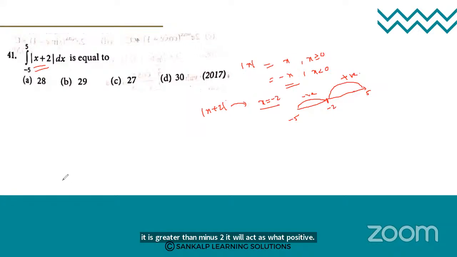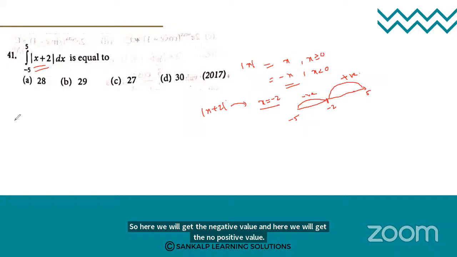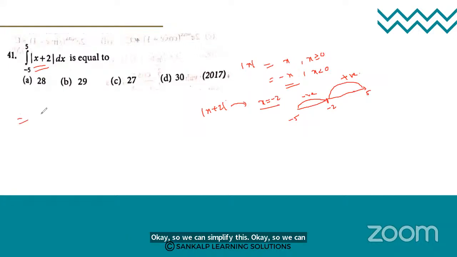I will just write the step, and then we will see the simplification. From minus 5 to minus 2, we use minus of x plus 2 dx, plus from minus 2 to 5, x plus 2 dx. This is how we need to split.